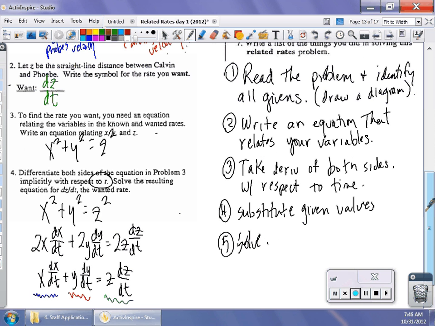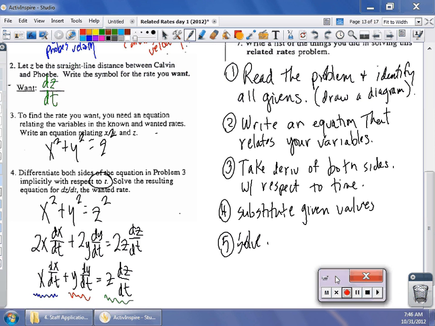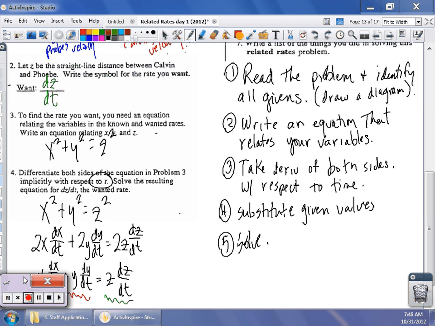All right, now in addition to that, I want to add a few hints that will be very important for related rates. Let me move this out of my way here. All right, hint number 1.